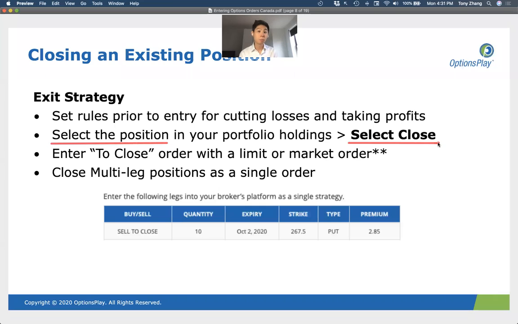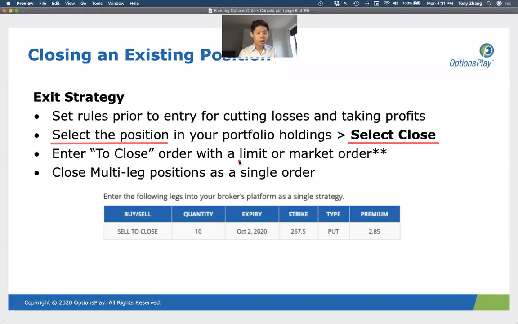This is designed to prevent you from opening a second position as opposed to closing your first position. Because there are so many parameters when it comes to entering your options order, you need to make sure that you enter the correct order. Most brokerage firms have a close feature that pre-fills the ticket for you, so that you are definitely going to be closing a position.